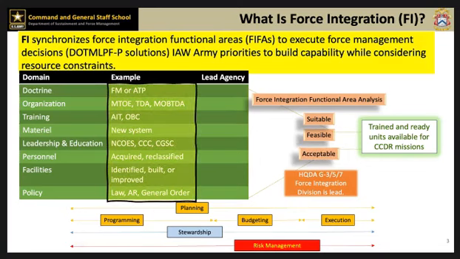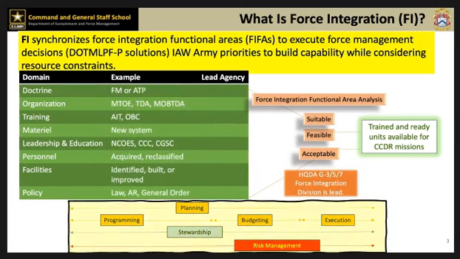This slide identifies some of the actions within the DOTMLPF domains that must be synchronized in time and space to build a capability at an installation. The bottom of this slide shows how PPBE is related to force integration.